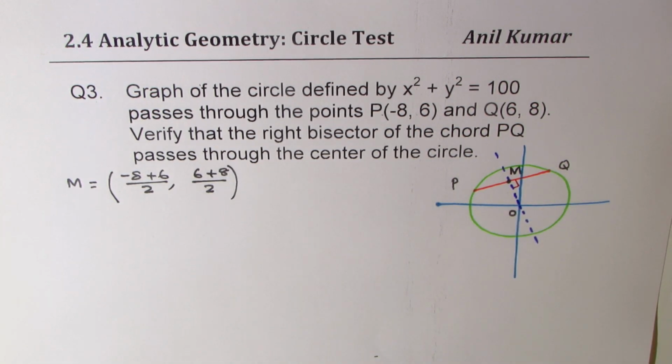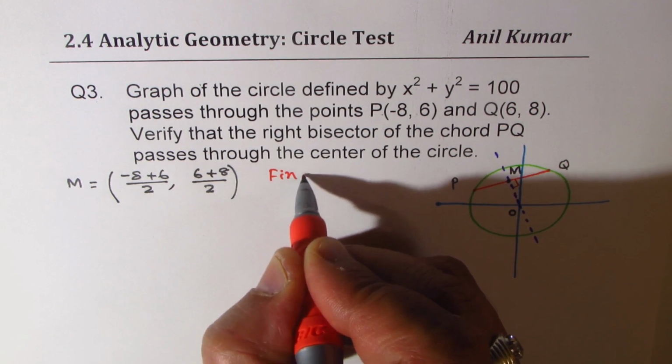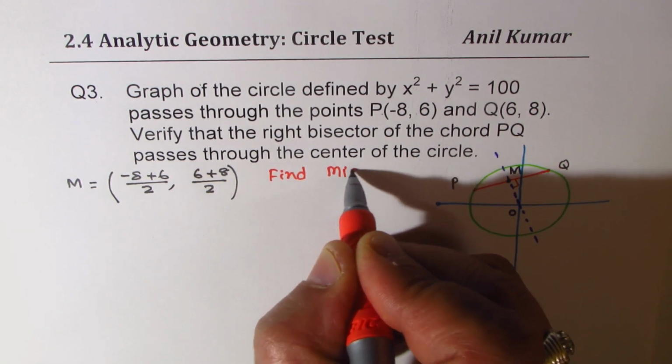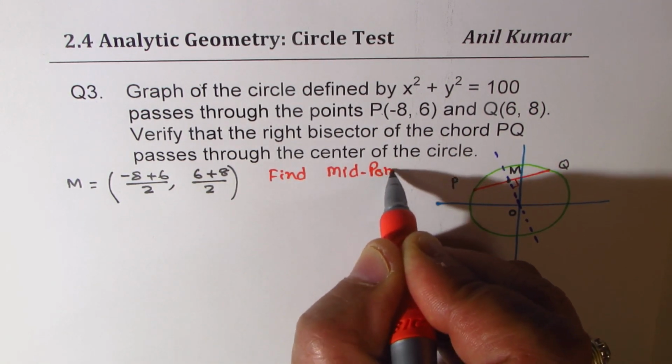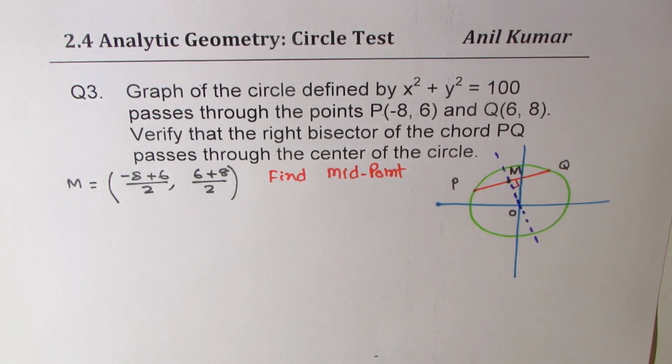So in the first step we find the midpoint, taking the average of those two coordinates to get the midpoint M.